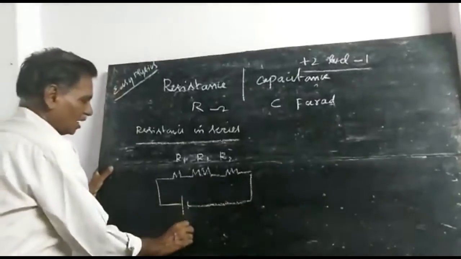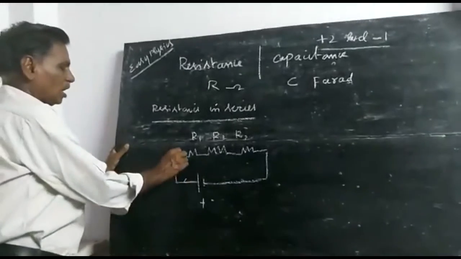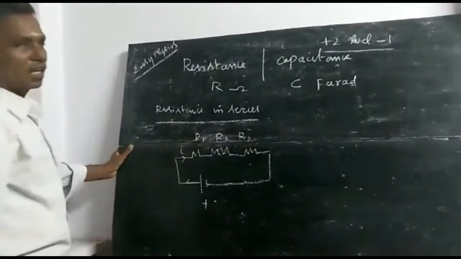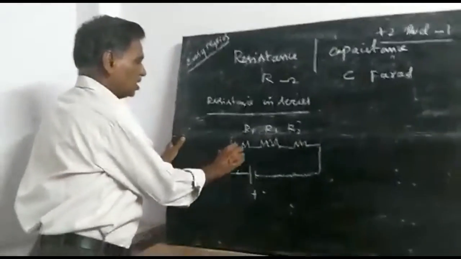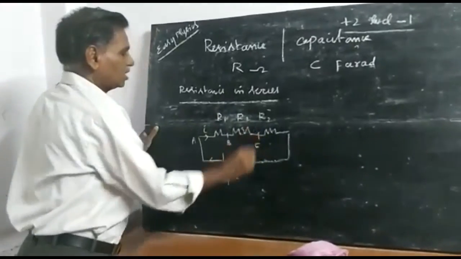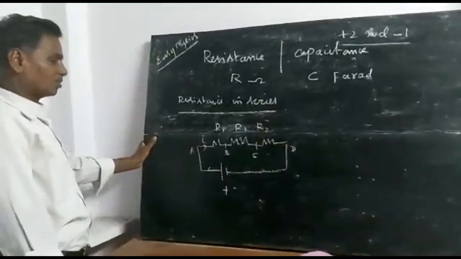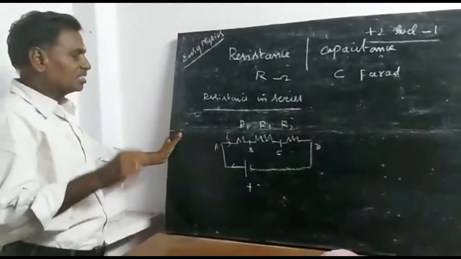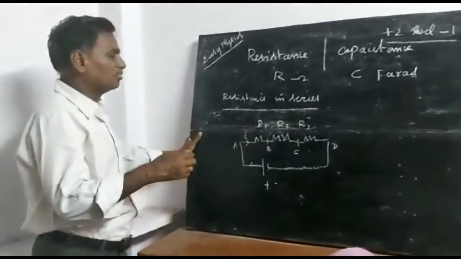The current flows from the battery through the circuit. A and B has the resistance R1, B and C has the resistance R2, C and D has the resistance R3. The current is the same because they are connected in series, but the potential is different.